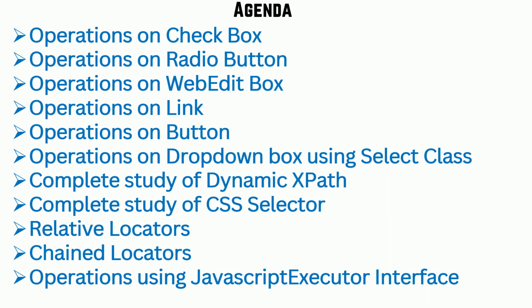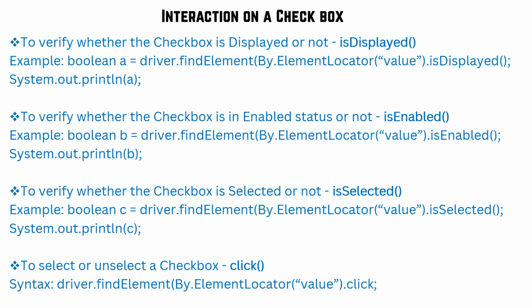We'll also discuss the complete study of dynamic XPath and CSS selector. We'll learn about relative and chain locators today, and at the end, we will learn what the JavaScript executor interface is and how we can deal with different web elements or operations with the help of the JavaScript executor interface as well. First we'll start with the interaction with checkbox and radio button.